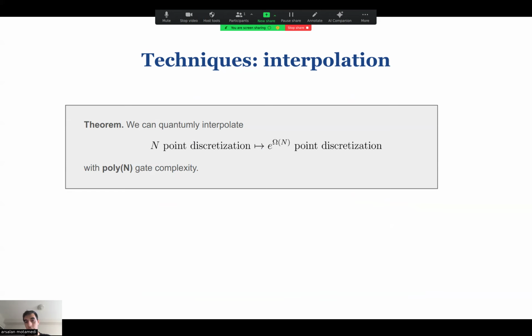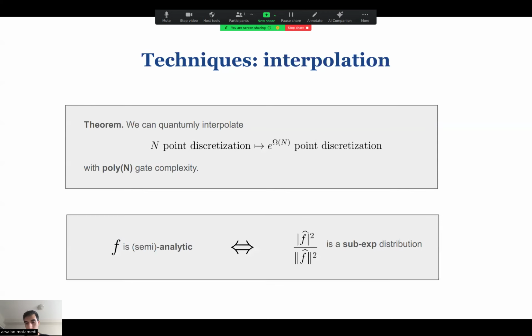Here we're assuming that the underlying function that we're interpolating is analytic. And we show this nice correspondence between analytic functions and sub-exponential distributions. Basically, if f is an analytic function, then its Fourier transform f hat has the property that the normalized Fourier transform squared is a sub-exponential distribution.